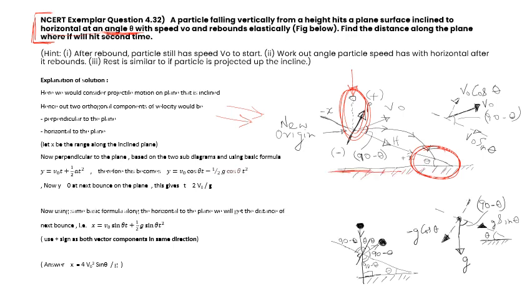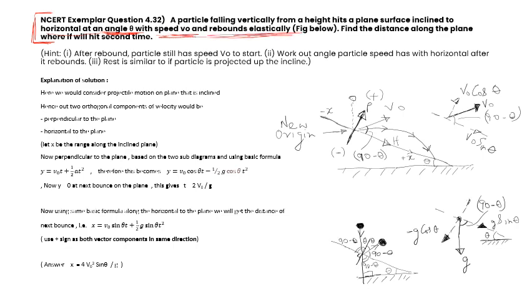It's vertical to this, not vertical to the plane, but vertical to the ground. Okay, next. What does the next line tell us? So, it falls with a speed of v0 and rebounds elastically.